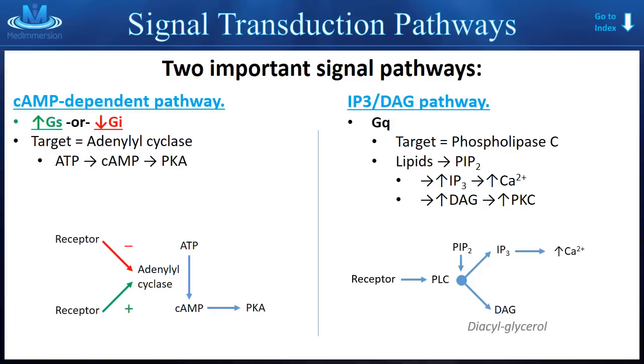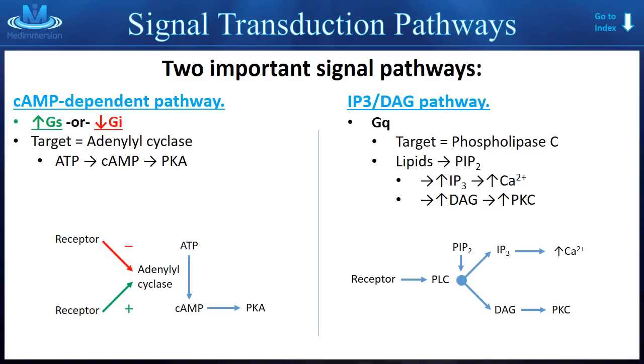Diacylglycerol remains in the cell membrane. It doesn't migrate through the cytosol like the IP3. However, now that its structure has been changed by the phospholipase C, it can interact with another enzyme called protein kinase C. And protein kinase C, for its part, activates other pathways by phosphorylating different cytosolic proteins.